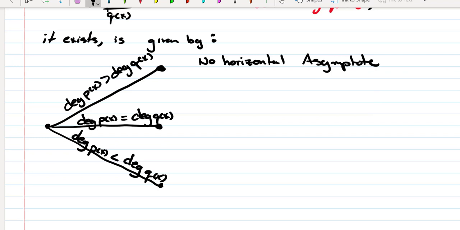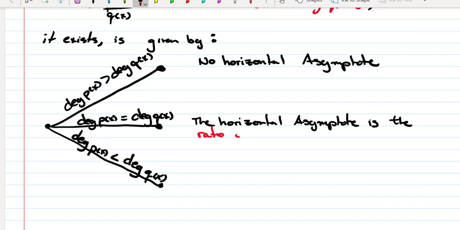The next thing we have is if the degree of P of x equals the degree of Q of x, the horizontal asymptote is the ratio of the lead coefficients of P and Q.